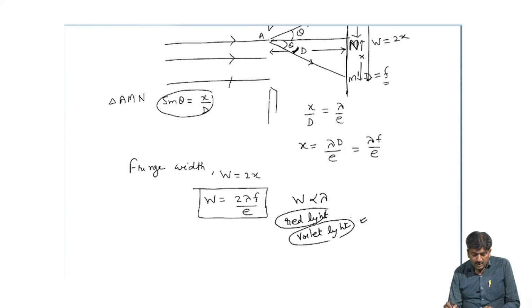It implies that red light is diffracted more than violet light. This is opposite to refraction, where red is less refracted compared to violet.